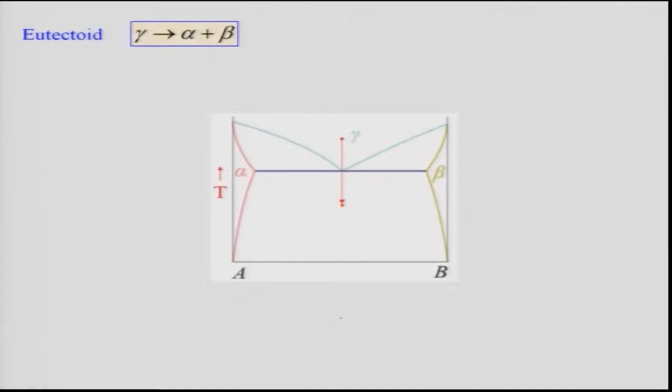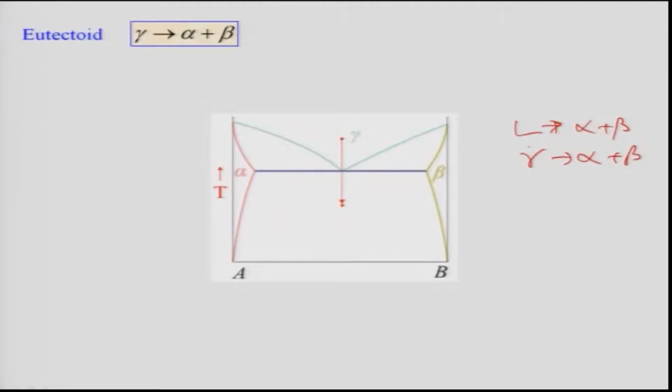Eutectoid and eutectic reactions look similar. Eutectic is like this, liquid going to alpha plus beta, eutectoid is like this, gamma going to alpha plus beta. So the only difference between these two reactions is that the liquid in the eutectic reaction is replaced by a solid gamma phase in eutectoid systems. So anywhere you see the 'toid' word corresponds to solid transformations.